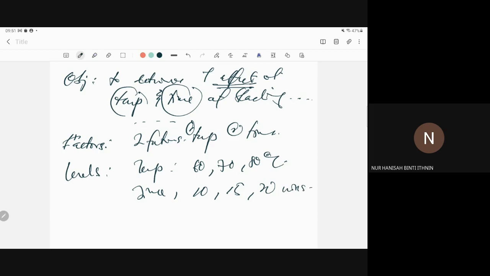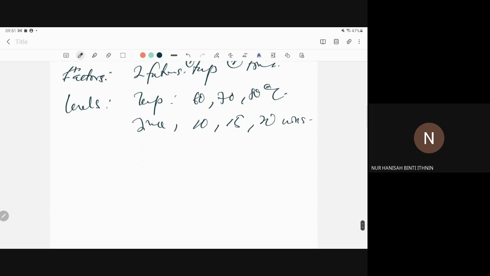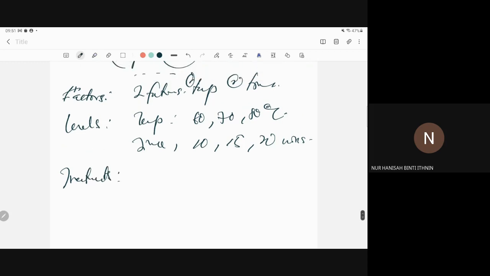So what are your treatments? This is a two-factor, more than one factor experiment.